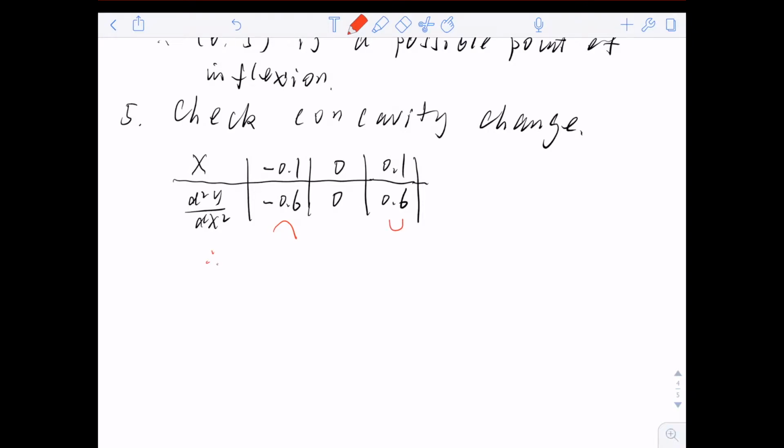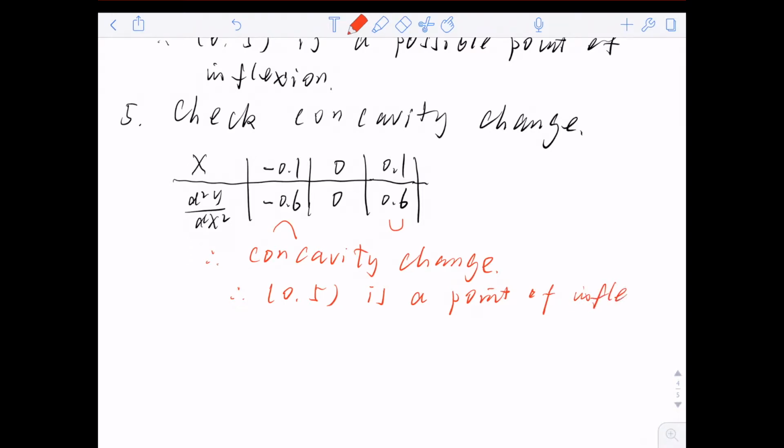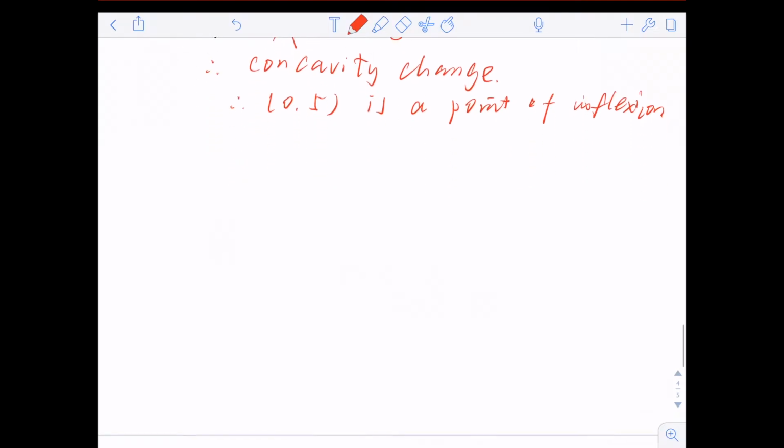Therefore, concavity changes. So therefore, my (0, 5) is a point of inflection. Long process. Okay, we're almost there.